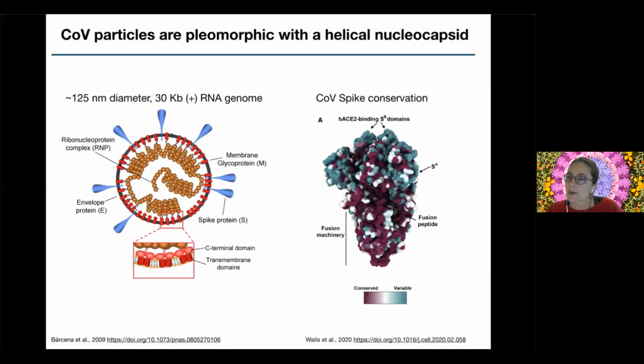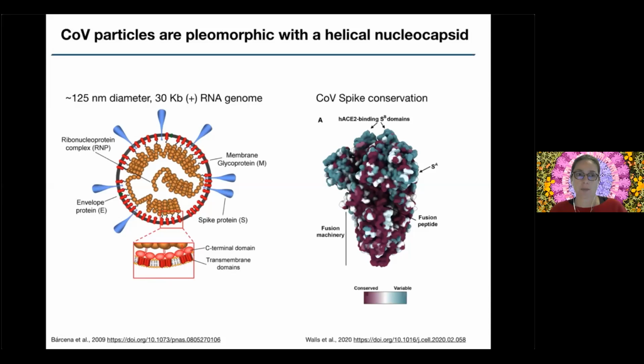Okay, so there are some questions about pleomorphic. The pleomorphic issue is about the whole viral particle, not just about the spike protein. So the size and shape of the coronavirus is variable.